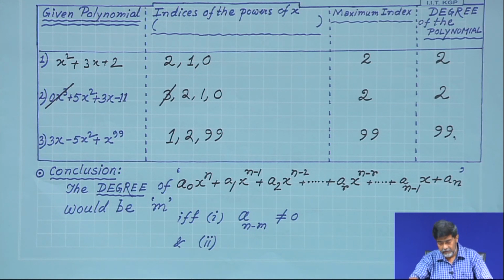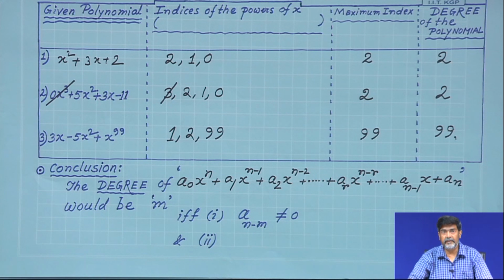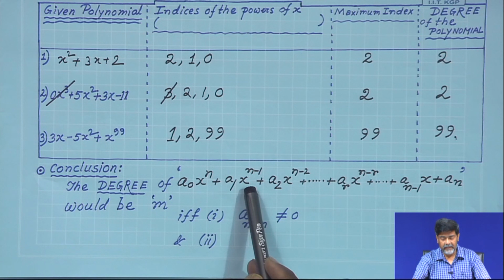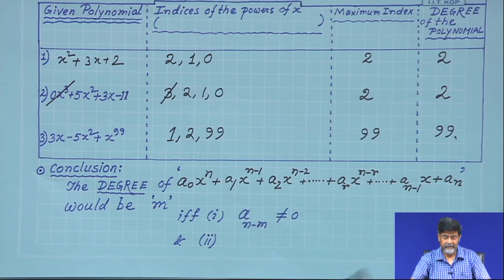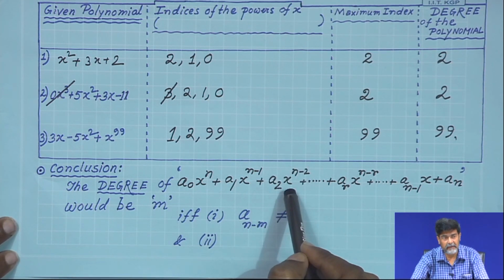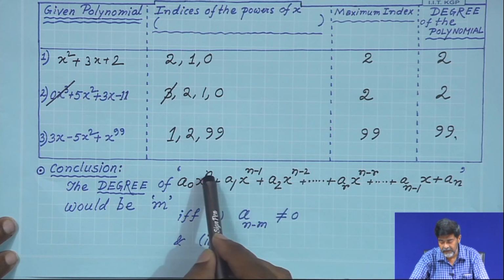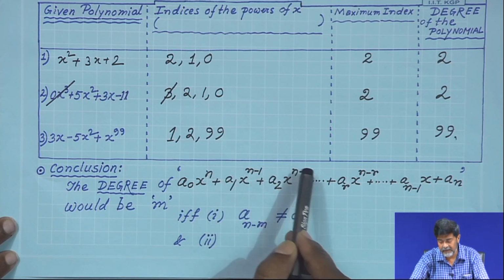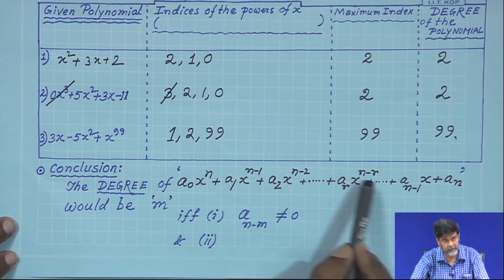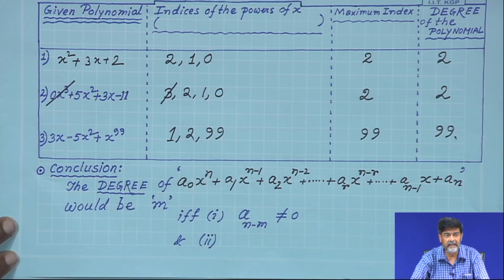No, sir. Okay. Now, we are considering the general expression of the polynomial a0 x to the power n plus a1 x to the power n minus 1 etc. up to an. Now, if we have this term for the maximum power, then actually see, the indices of the powers are in a reducing series: n, n minus 1, n minus 2 etc. If we move to the left, the index will increase, and if we move to the right, the index will decrease.